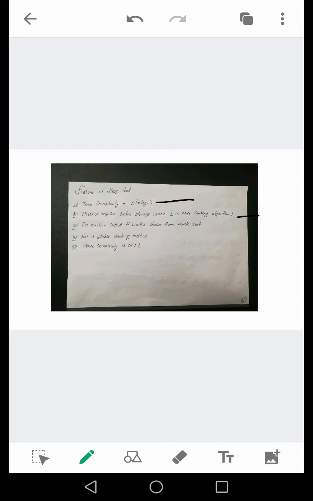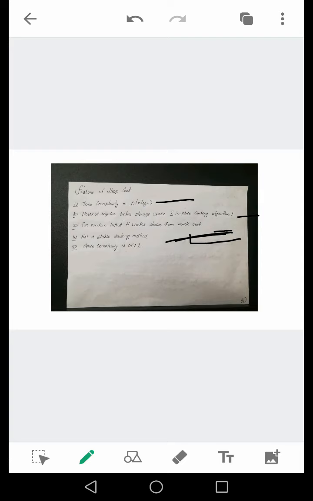the elements. The third feature of the heap sort is, if we are having some random input, all of a sudden some list that we need to sort, it works slower compared with the quick sort. That's why we are saying this heap sort is not a stable sorting algorithm.